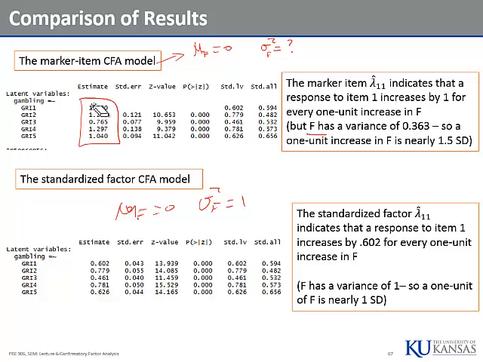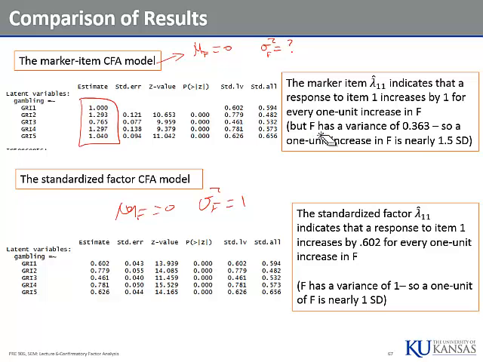For us, that means literally, if somebody's gambling factor goes up by 1 unit, their score on item 1 goes up by 1 category. It goes from agree to strongly agree or something along those lines. The raw unstandardized weights are on the scale of the variable itself.